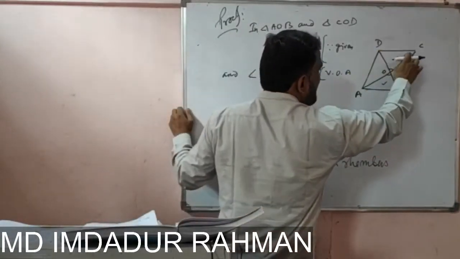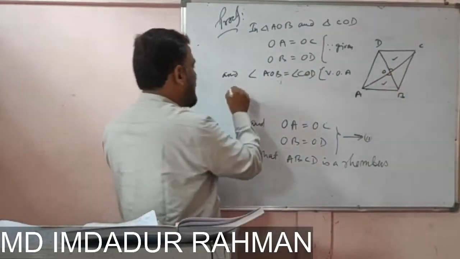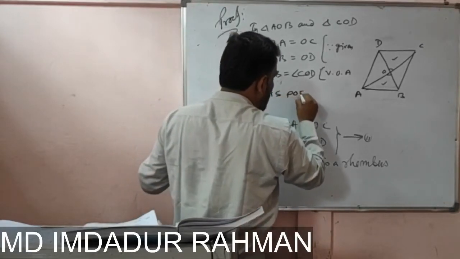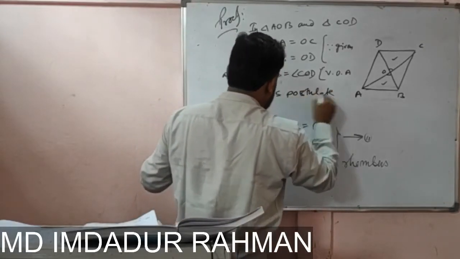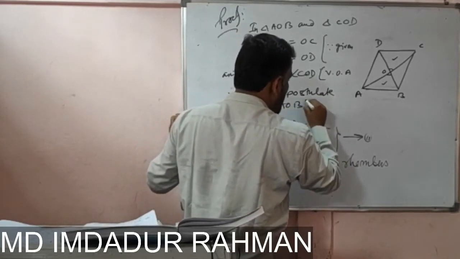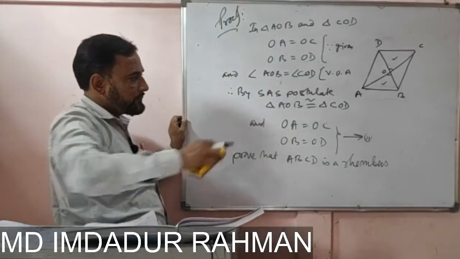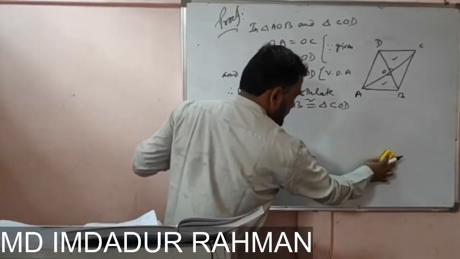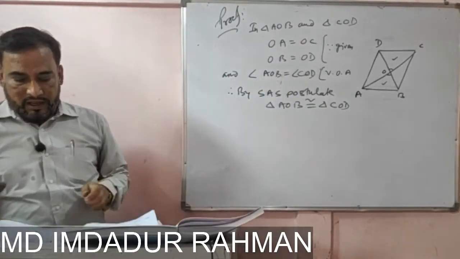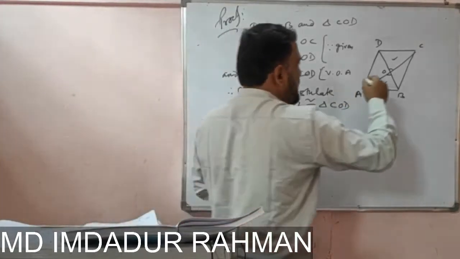Side angle side. So therefore by the side angle side postulate, triangle AOB is congruent to triangle COD. The first part is completed.